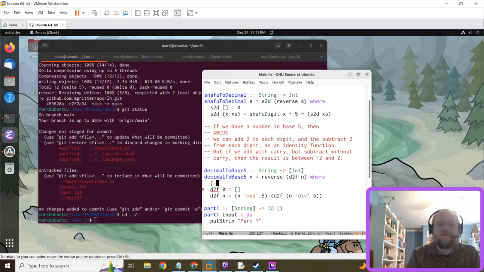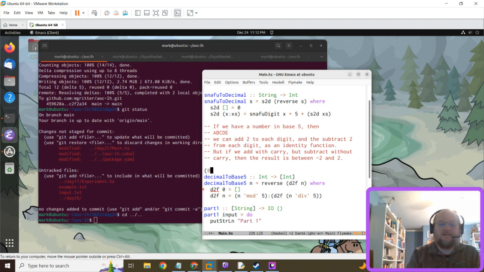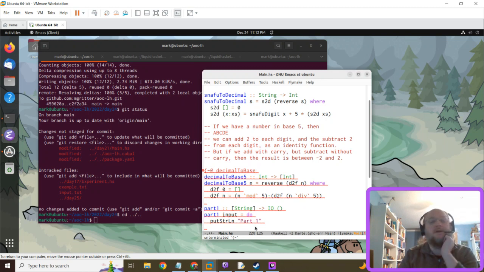Why doesn't it think that terminates? Okay, so we need to assure it that this only works on positive numbers. Are they all positive numbers?